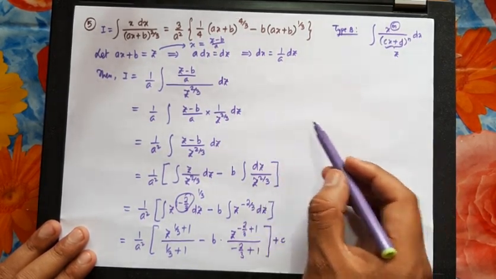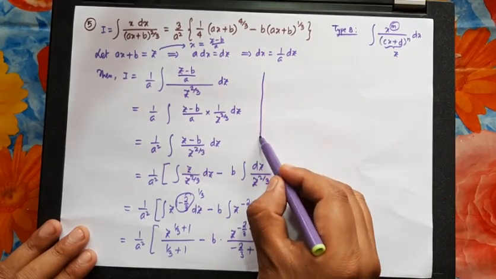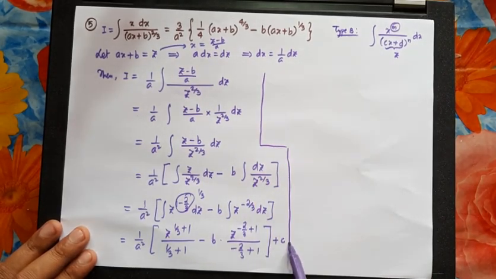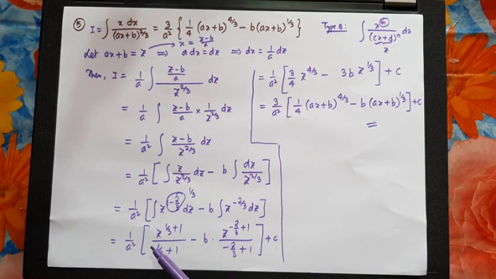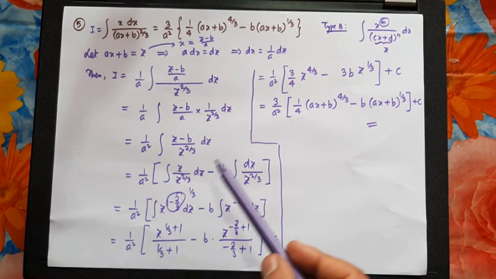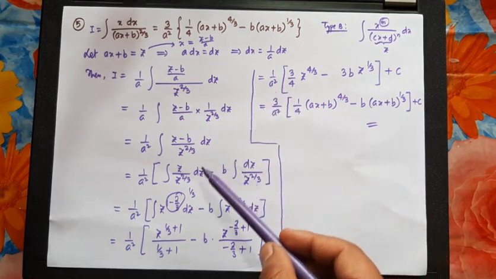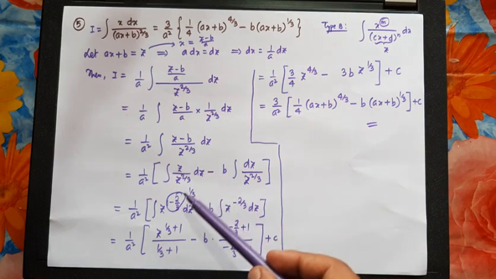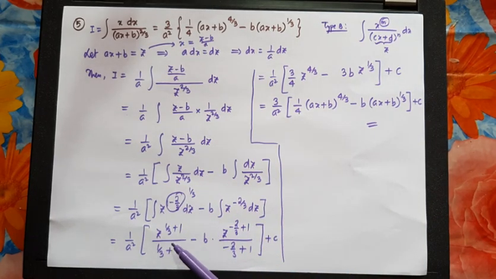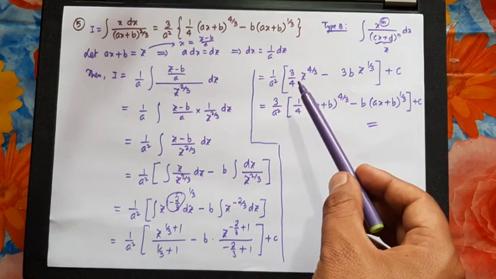Now I don't have space, so let me write here. If I simplify this, we have 1 by a square, and this is z to the power 4 by 3, and how much does this become? This is 4 by 3, and after inverting itself it becomes 3 by 4.